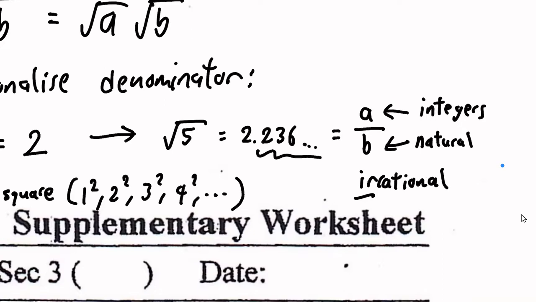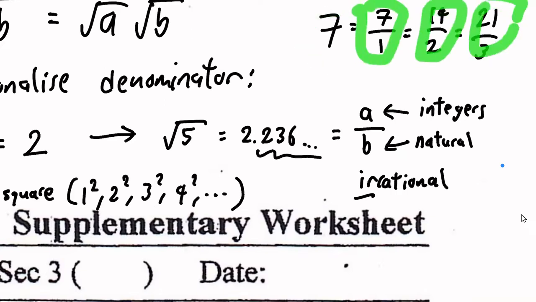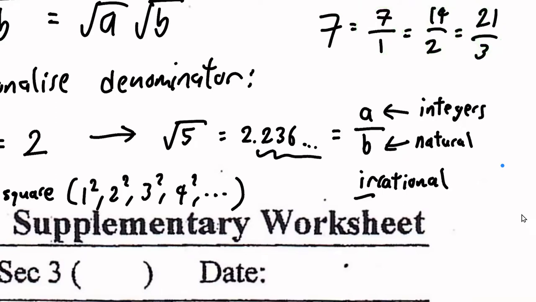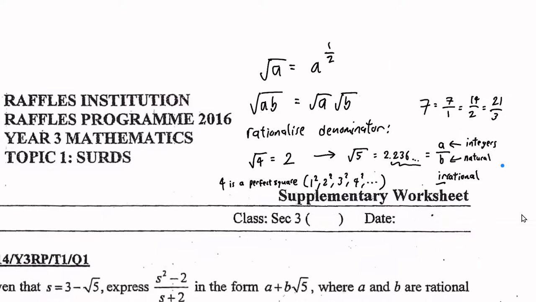Rational numbers are numbers that can be written in the form of a fraction. So for example, 7 can be rewritten as 7 over 1, or 14 over 2, or 21 over 3, and so on, which means that it is rational. Those that cannot be written as a fraction are irrational, such as square root 5. Is that clear? Okay.